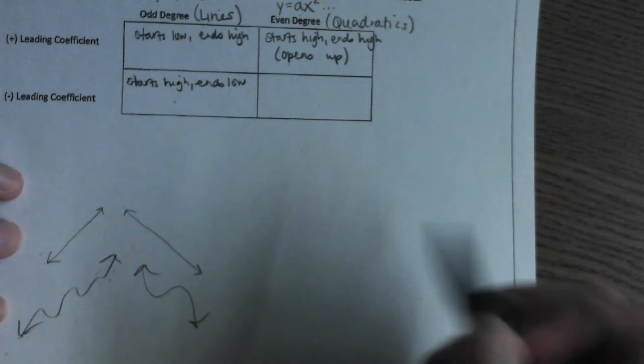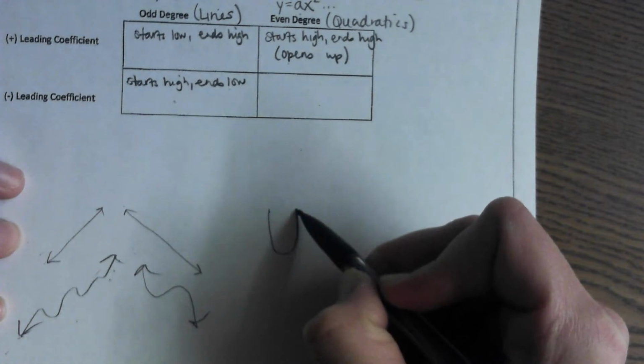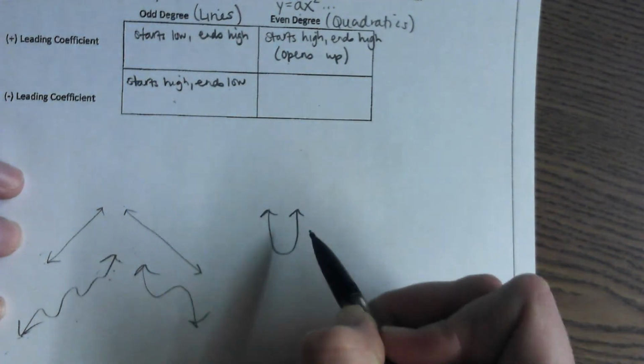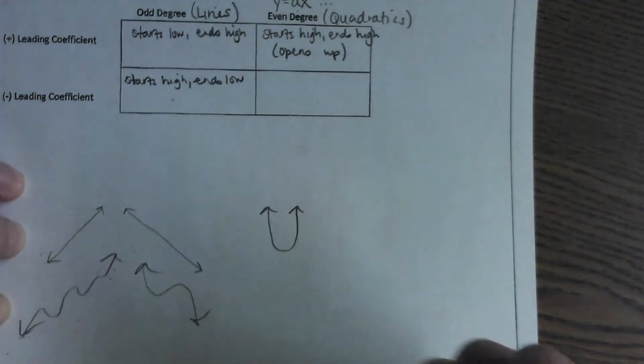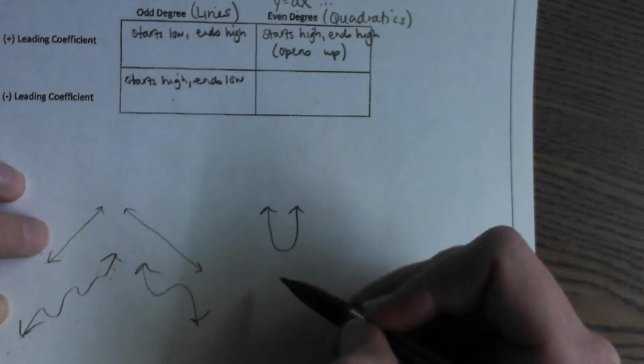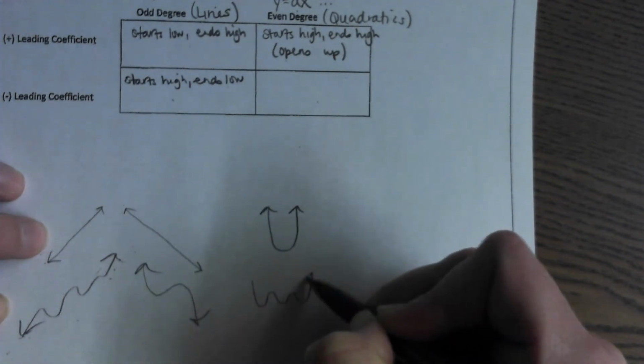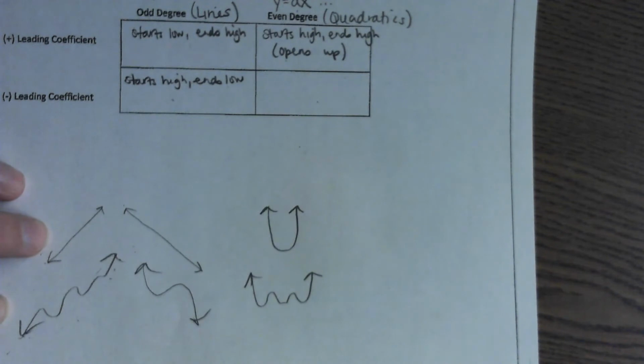Now again, with quadratics, a positive quadratic just flat out opens up. A positive 4th degree polynomial or a positive 6th degree polynomial will be a little bit more interesting in between, but it will still open up if it's a positive even.